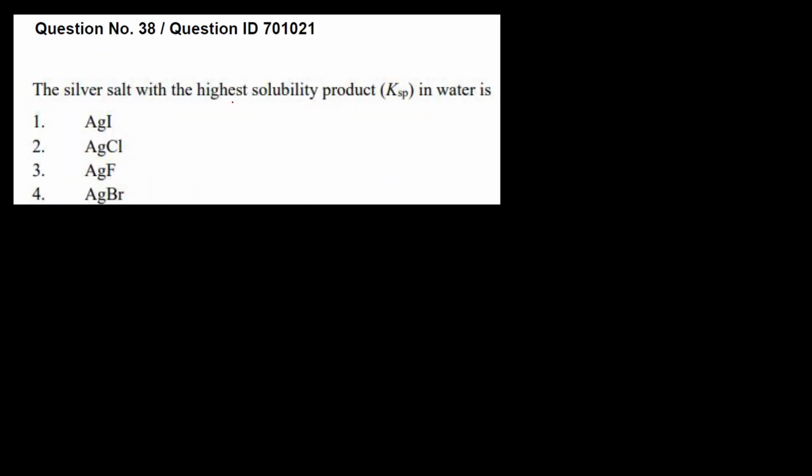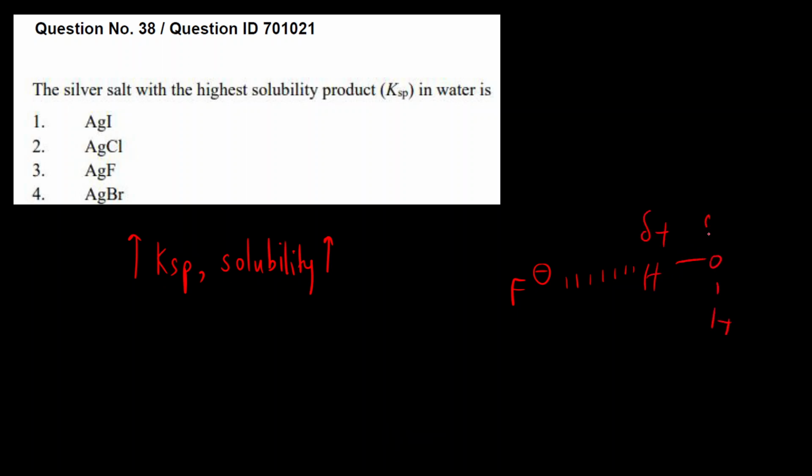Which salt has the highest solubility product? Solubility product is directly proportional to the solubility. If KSP is more, solubility will be more. Now when we add halogens in water, what happens? They show hydrogen bonding like this, delta plus, delta minus.